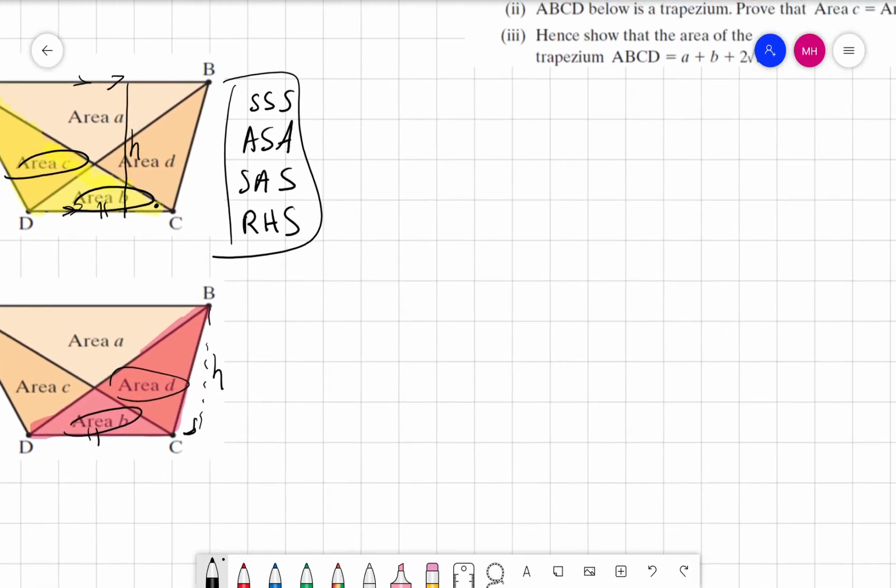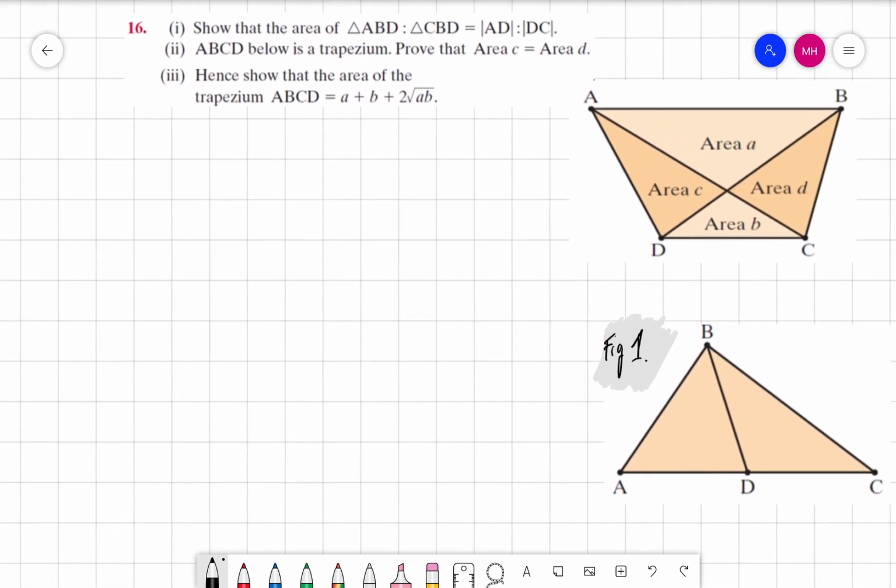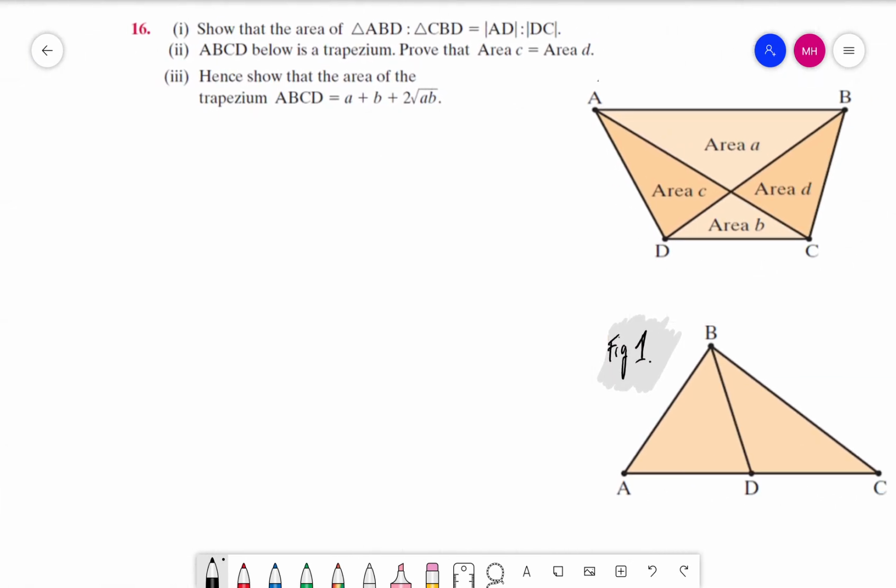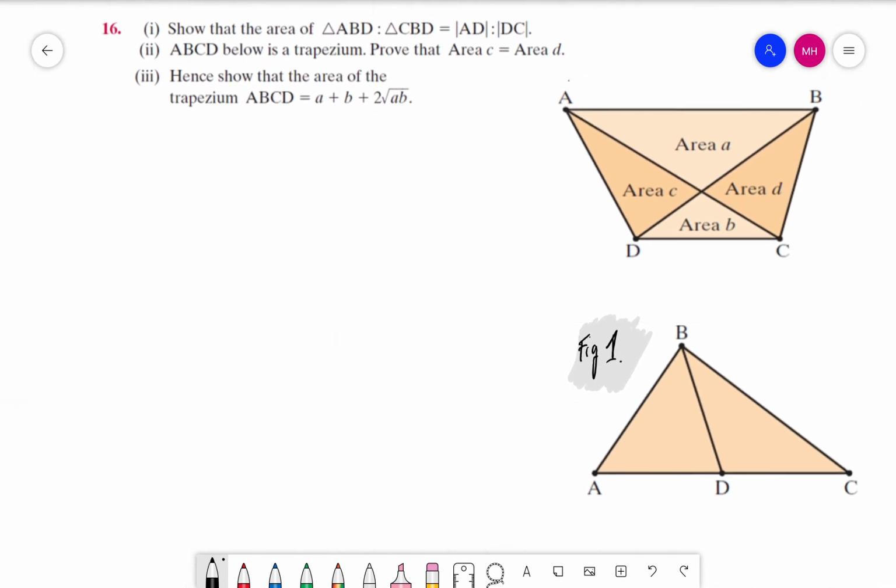So moving on to the last part of the question. Now, this is not so straightforward. You need to really be tuned into the fact that what you did in part I is relevant here now. So I've got the figure for part I, figure 1 down here, so that we can look at it again.